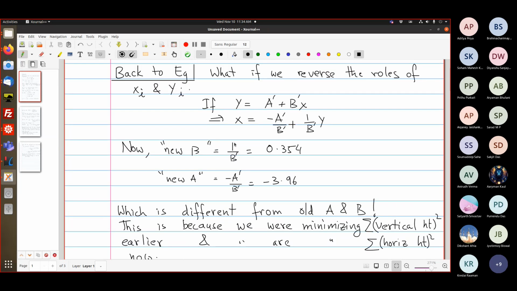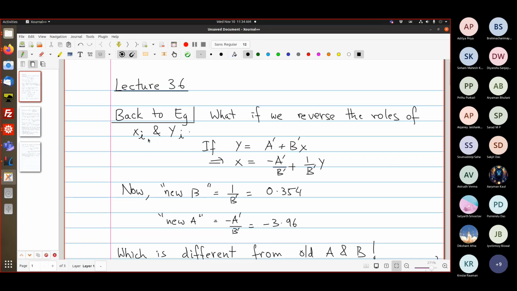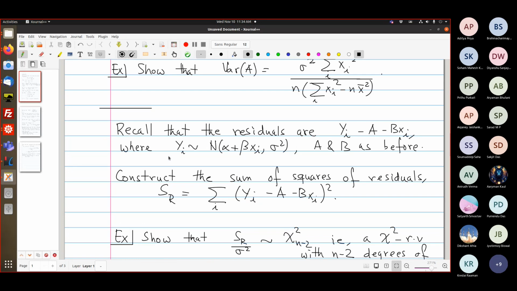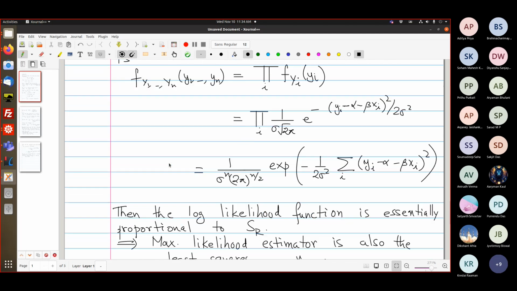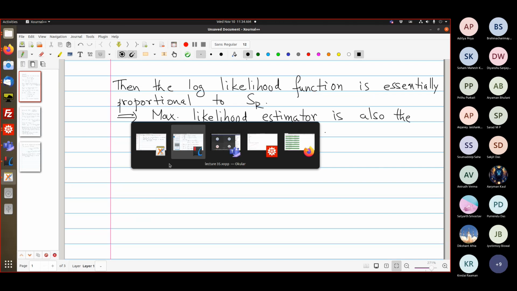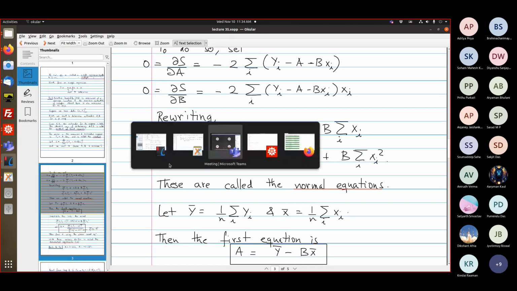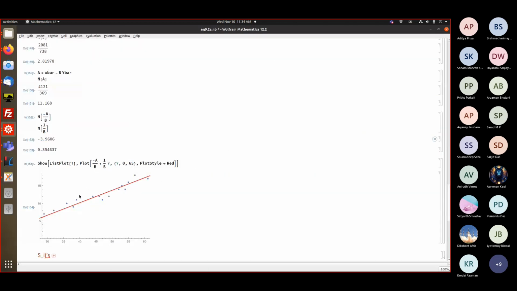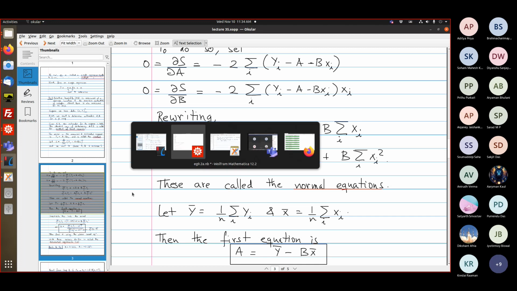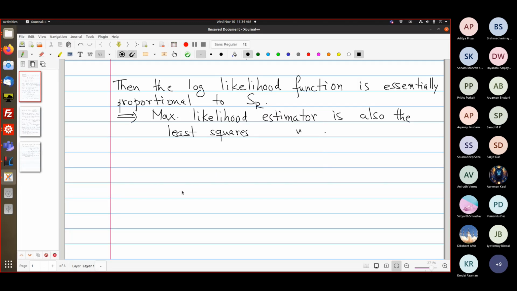The fact that you are going to get different estimators when you switch x and y is part of life. It's just something one has to live with. So to answer Soham's earlier question, we should take the vertical distance squared, and that is the correct thing to do. All right. Okay.